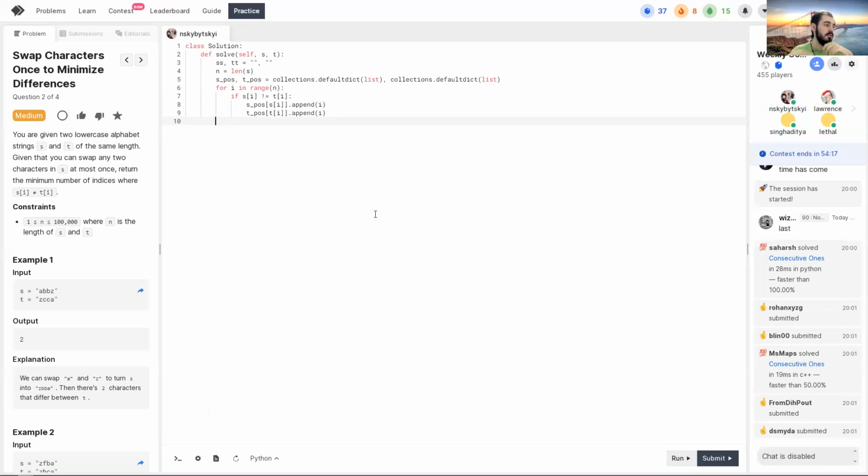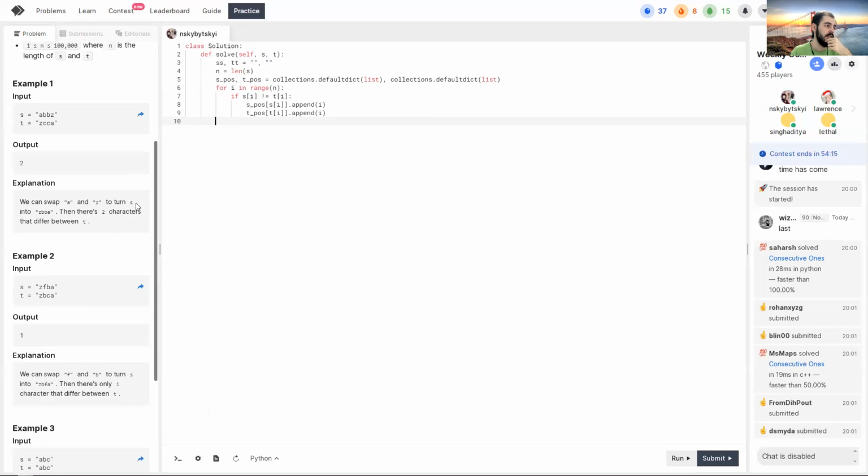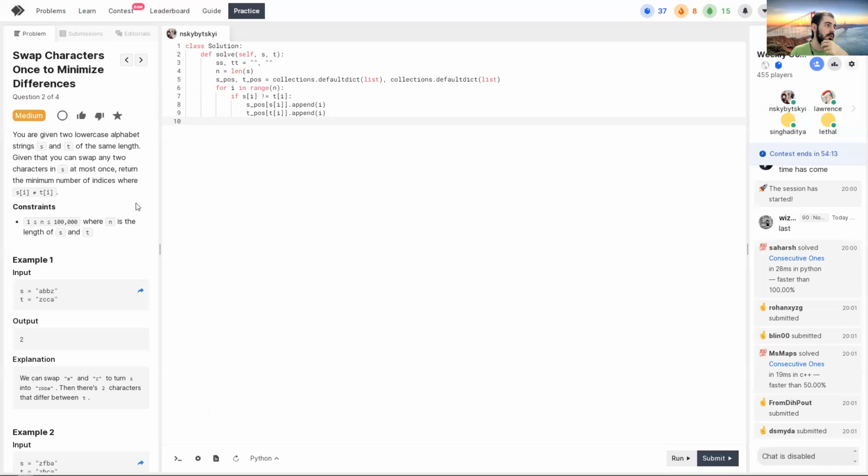Wait, actually, I don't understand what the supposed solution is in this problem. If these different characters have at least one character that's present in both, then we obviously can improve the answer by 1. But whether or not we can improve it by 2 is rather not clear.